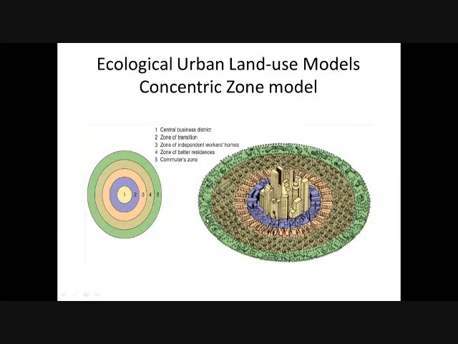So as we go far from the center, we reduce the density and we have more green. So we don't have the same pattern all over the city. And that way we limit the city expansion in endless directions. Also, there is criticism of this theory.